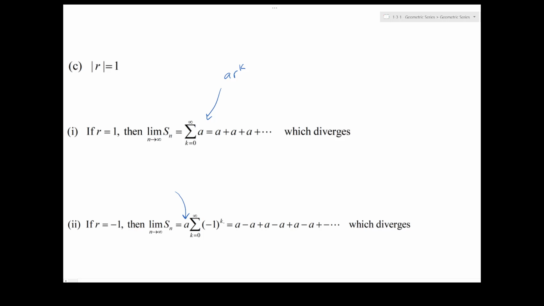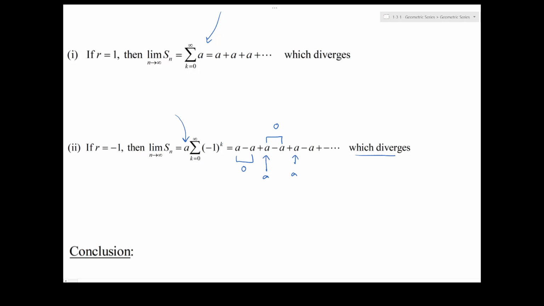We keep making k 1, 2, 3, 4, and so on. It's just going to be 1, negative 1, 1, negative 1, and so on, times that a. So if I add up the first two terms, it's 0, but then I'm back to a. Then I add up these two terms, 0. Then it's back to a, and so on. So it never actually converges to a real number that's unique. The sum just keeps going back and forth between a and 0. And for that reason, we say the series diverges there.